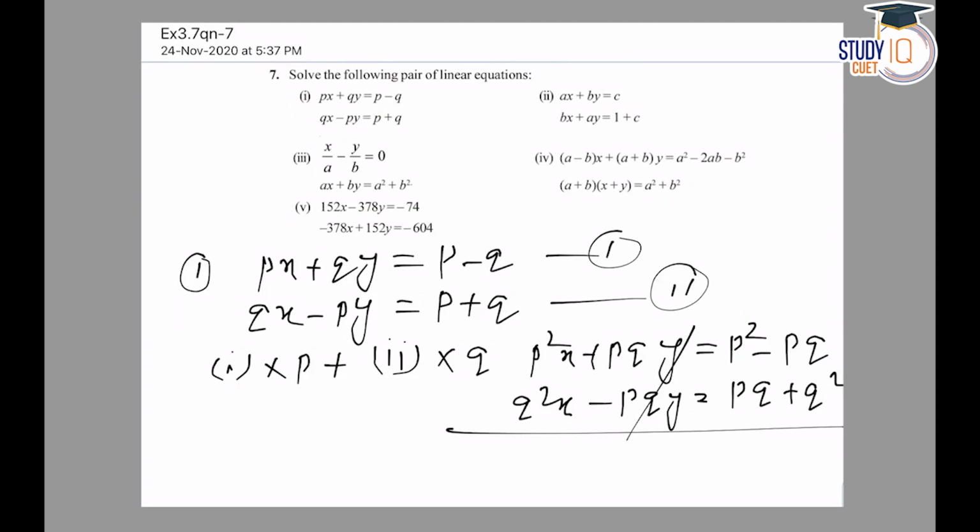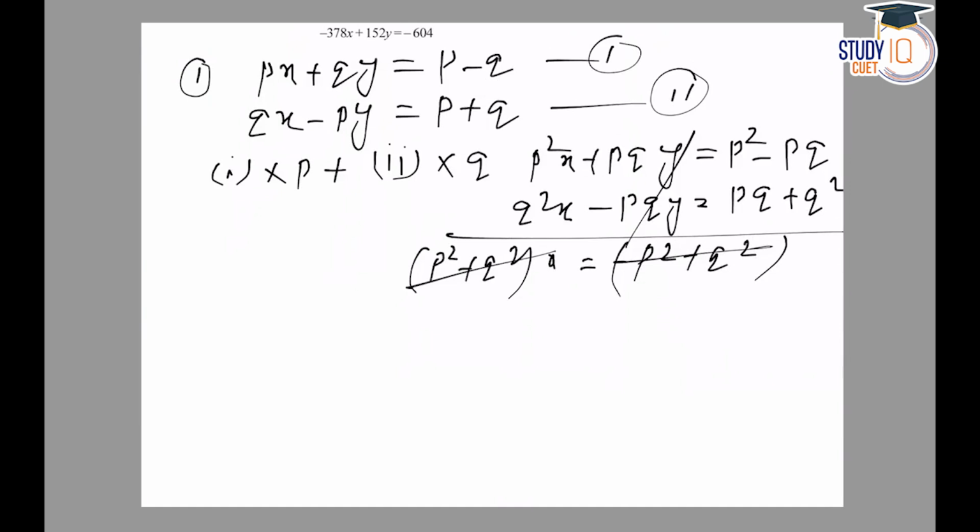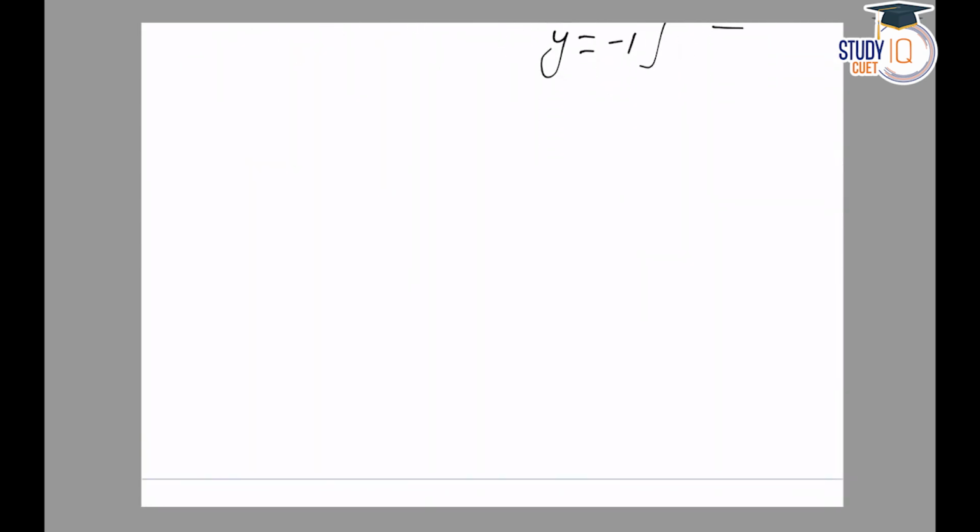So y will be cancelled and we get p square plus q square into x equals p square plus q square, hence x equals 1. Now put x equals 1 in any equation, so we get y equals minus 1. That is the answer.